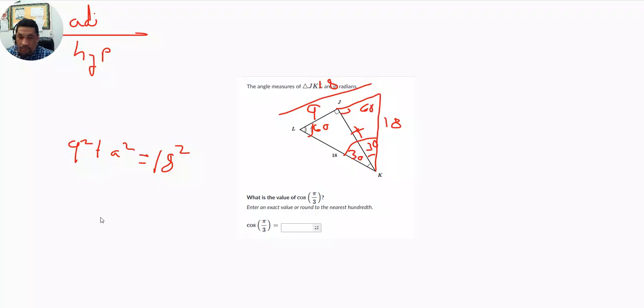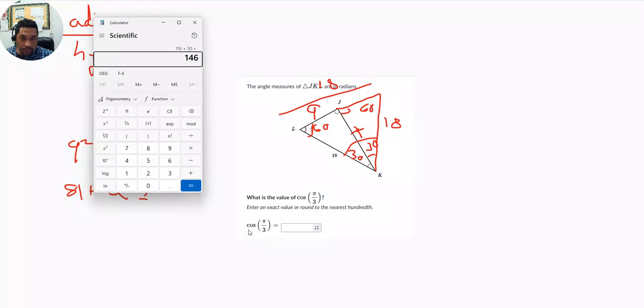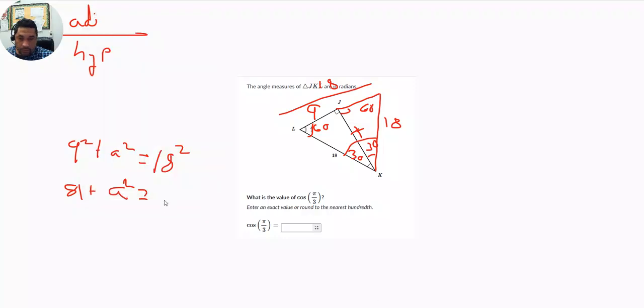Alright, so let's do this. 9 squared is 81. We have a squared. Now we need to figure out what is 18 squared, and 18 squared is 324. Then we're just going to subtract 81 on both sides here.